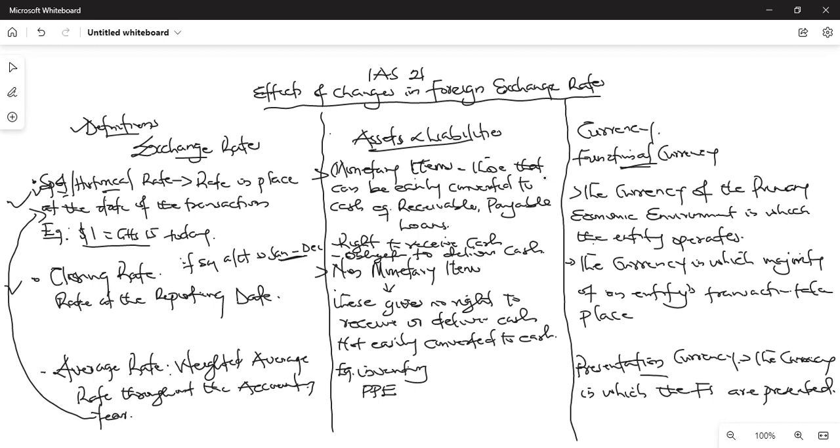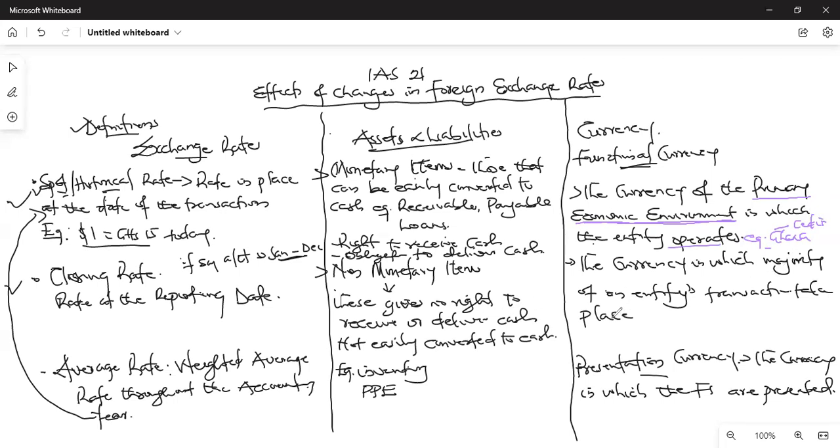So the confusing state is coming from this. Now watch this. It says that it is the currency of the primary economic environment in which the entity operates. So for instance, this can be Ghana, and the currency of the primary economic environment of Ghana is actually the cedi. All right, it didn't end there. We said that it is the currency in which the majority of the entity's transactions take place.